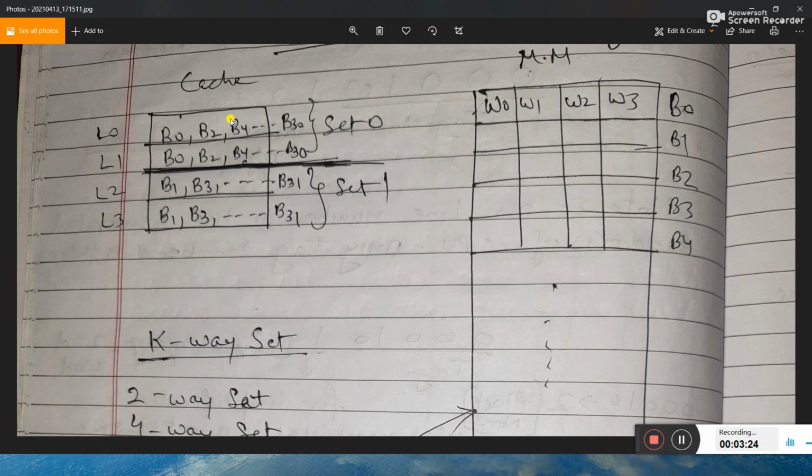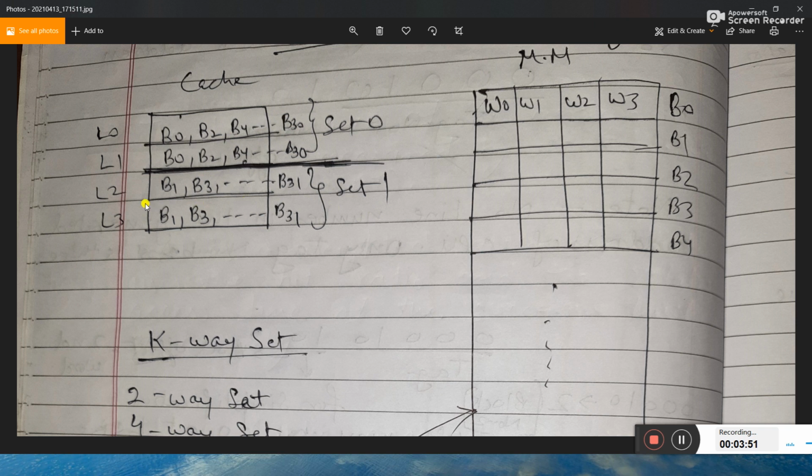Here we select the set by the direct method, while within the set we use fully associative mapping. At any line in set 0, you can save any of the blocks B0, B2, B4 and so on, up to B30.